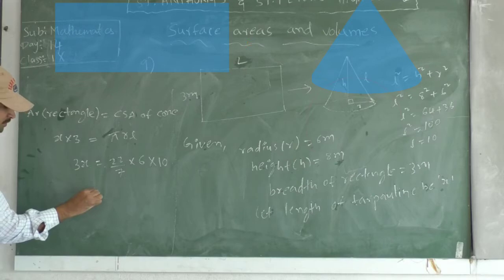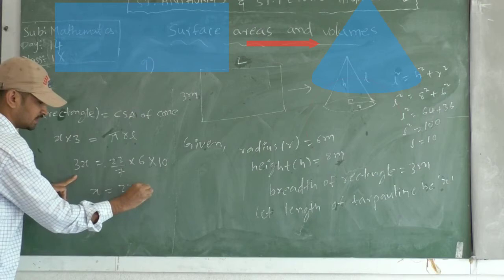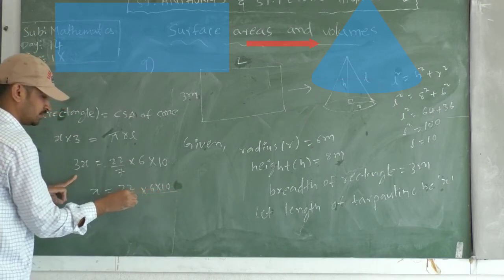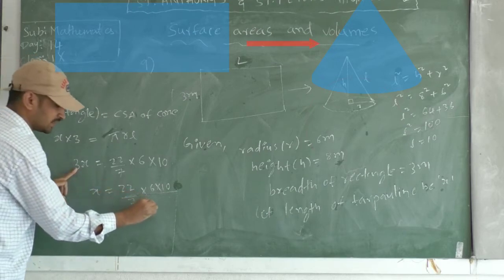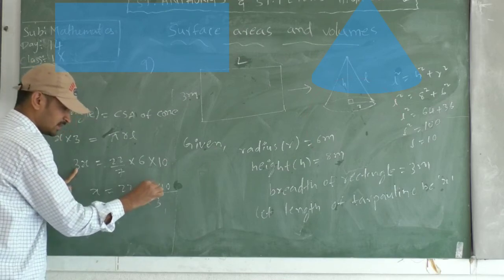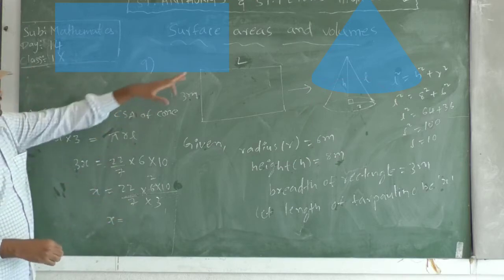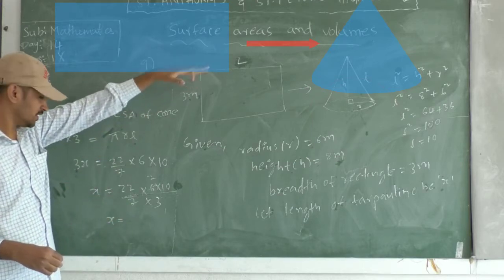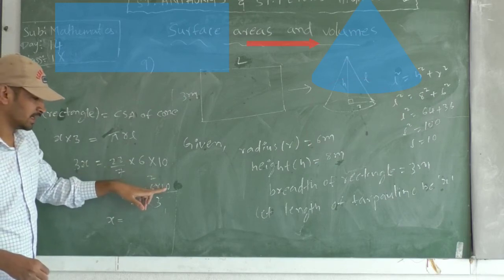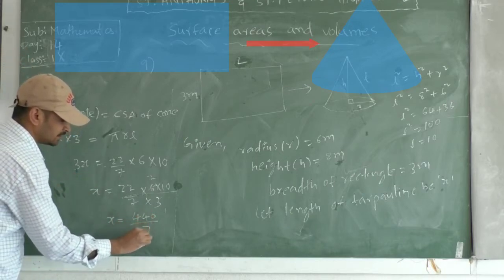So x equals 22 by 7 into 6 into 10 by 3. Since 3 is a multiplication, it becomes a division, and we can cancel: 3 ones are 3, 3 twos are 6. So x, nothing but the length of the rectangle, equals 22 into 2, that is 44, into 10, that is 440 divided by 7.